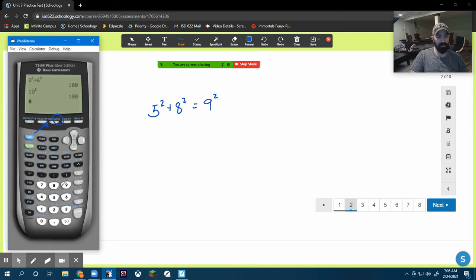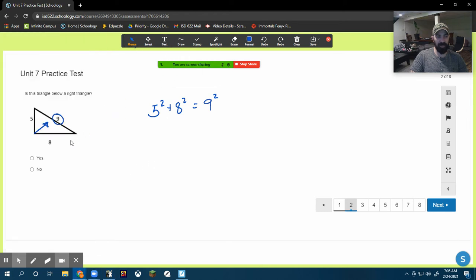Again, use your calculator. 5 squared plus 8 squared, enter. And that gives us 89. And is 9 squared the same thing? It is not. They are not the same answer. Since they are not the same answer, is this a right triangle? No, it is not.